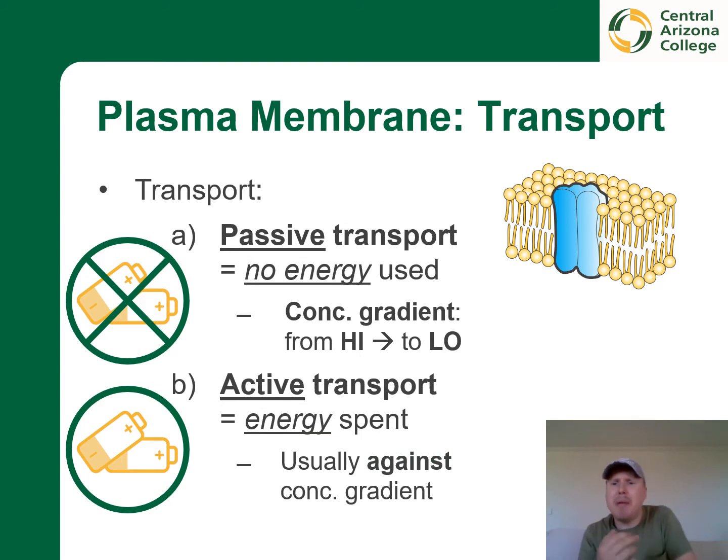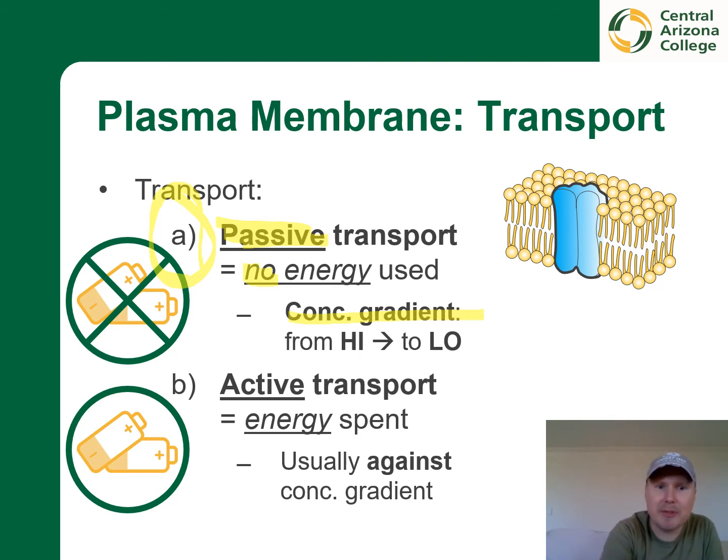So, the big take-home message from this section is that some materials cross the plasma membrane passively, which means that there is no need for energy for making this happen. They move along their normal concentration gradient.